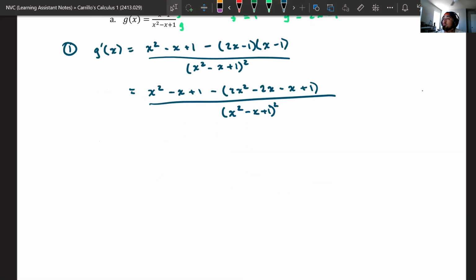So now distributing that negative sign, again my first set of terms do not change. We'll have negative 2x squared, and then negative 2x minus x is a negative 3x, and then times a negative 1 will be a positive 3x. And then lastly, 1 times negative 1 is negative 1.